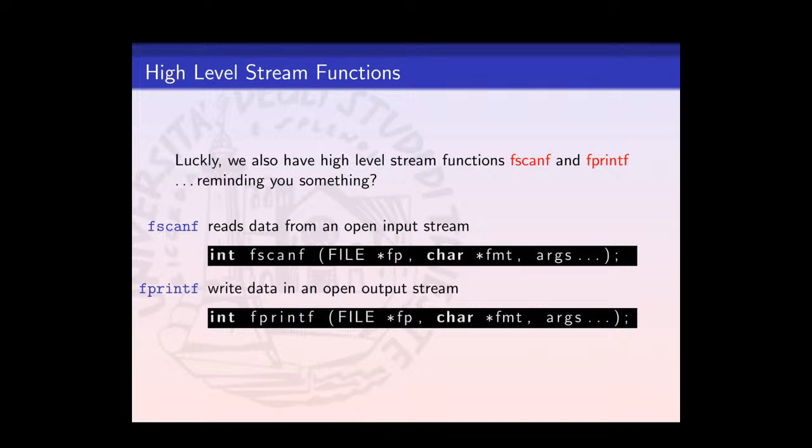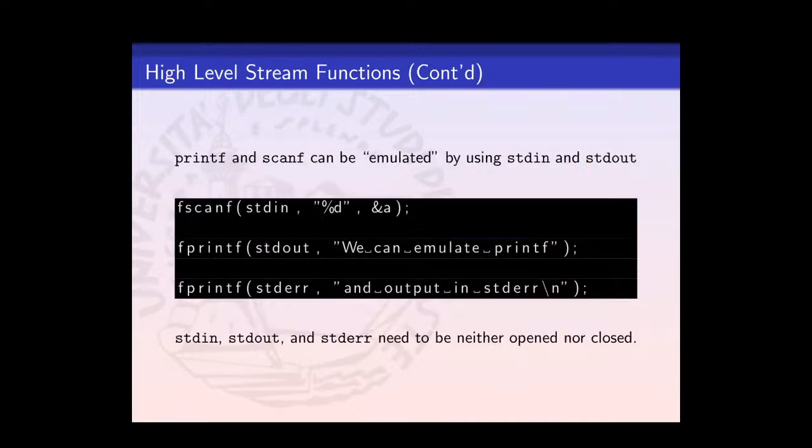So for these two functions, as the first parameter, we have, of course, the file descriptor we want to deal with. And everything is exactly the same. As I just said before, printf and scanf can be emulated by using standard input, standard output, and standard error. Okay?